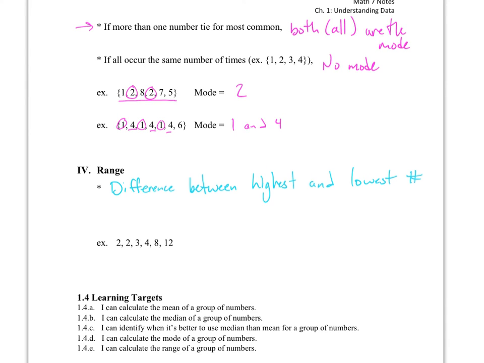So you would do the highest number minus the lowest number. Or you might hear somebody say the maximum number minus the minimum number. Might use that terminology. So it's a subtraction problem.